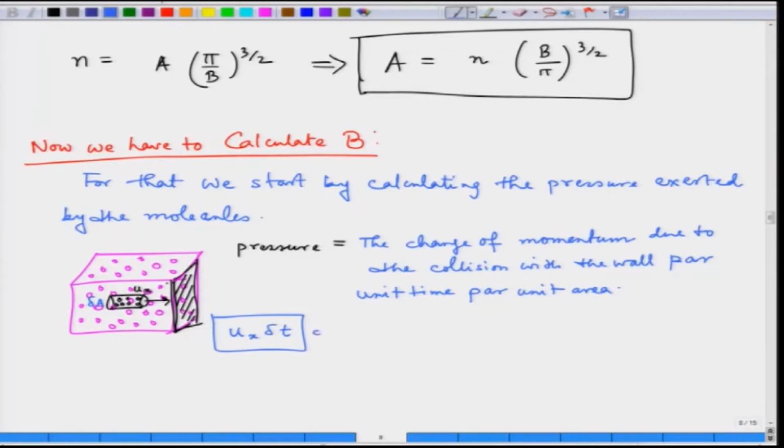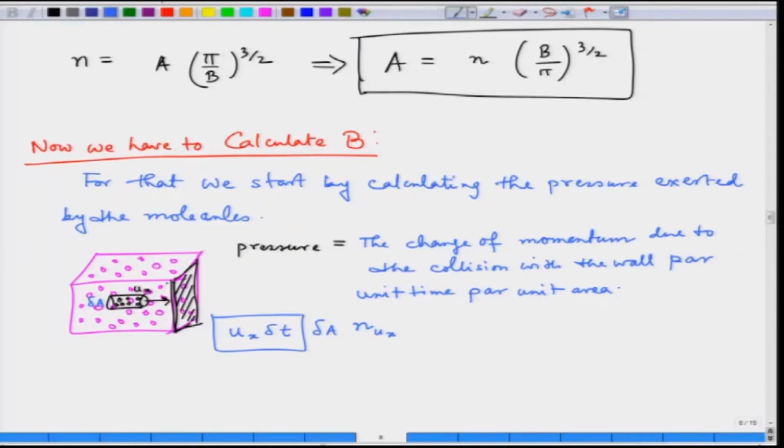So, when I multiply this with delta A, that gives me the volume of this cylinder, and the volume of the cylinder when multiplied by the number density of particles, which I just write as n of ux inside this cylinder, gives me the total number of particles contained inside this cylinder.